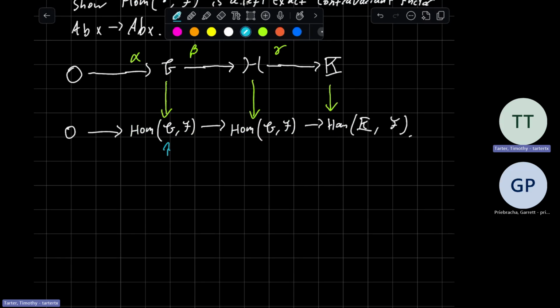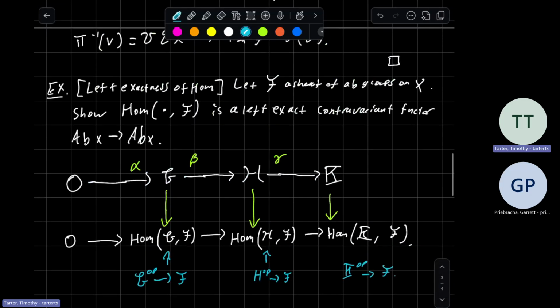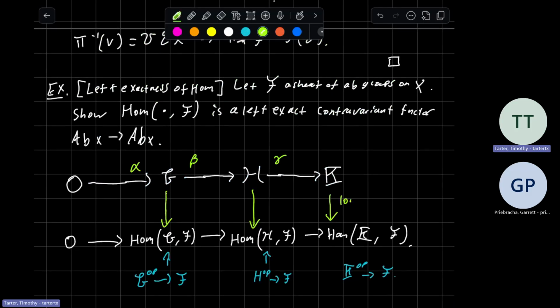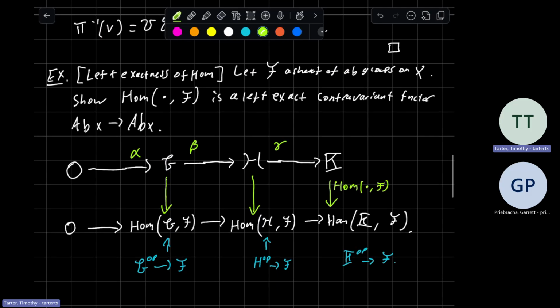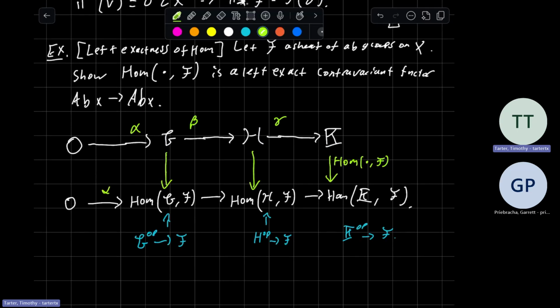So these are the morphisms from G opposite to F, the morphisms from H opposite to F, and K opposite to F. Then we'll call these alpha prime, beta prime, gamma prime.